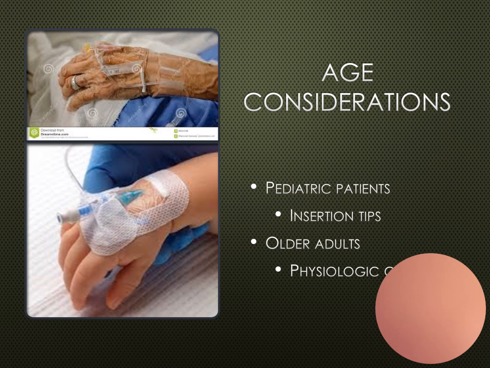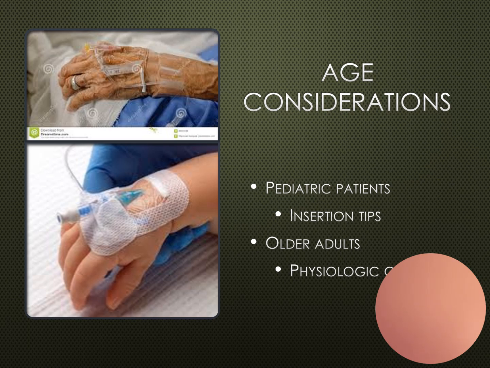When we stabilize that cannula, we have to consider the older adult's skin fragility. Make sure that you use hypoallergenic or paper tape and minimize the amount of tape that you use. Excessive taping can actually lead to skin tears in the older adult.